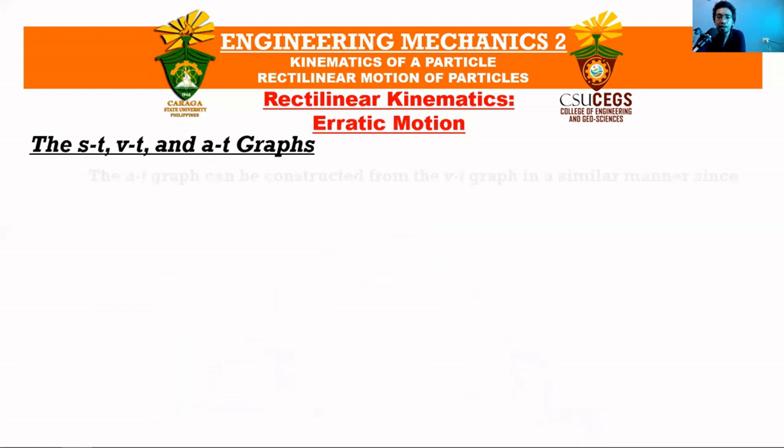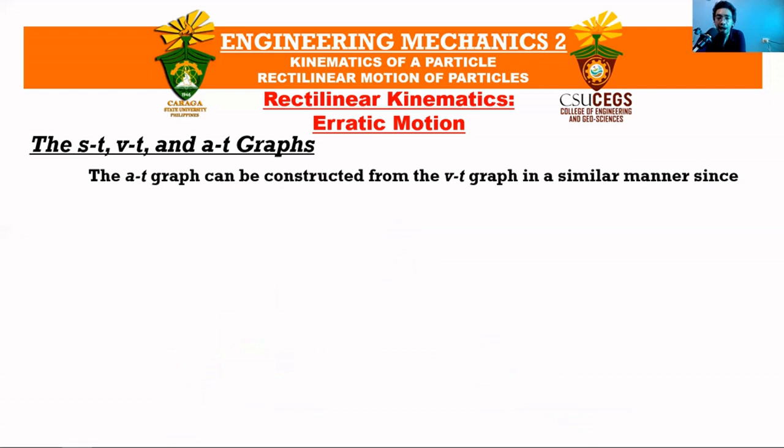The next one, once you construct the v-t graph, you can construct also the a-t graph in a similar manner using the kinematic equation a is equal to dv over dt. So the dv over dt is the slope of the v-t graph, which is equal to the acceleration.